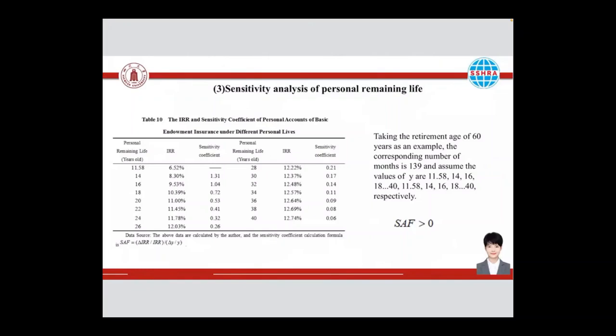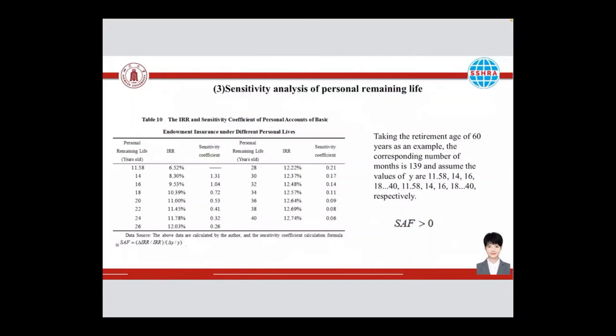And we substitute the above parameter settings into Formula 8, and other conditions unchanged. The IRR and the sensitivity coefficient of the basic patient personal account can be obtained considering the different personal remaining lives under the basic adjustment factors, as shown in Table 10.